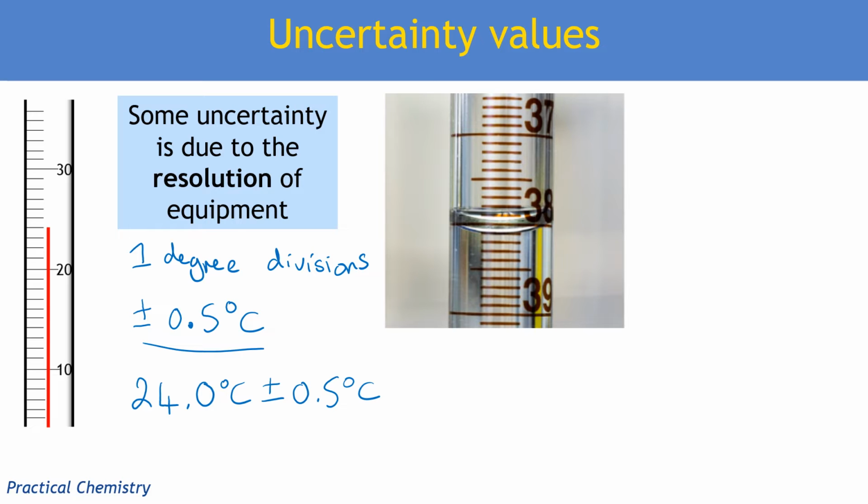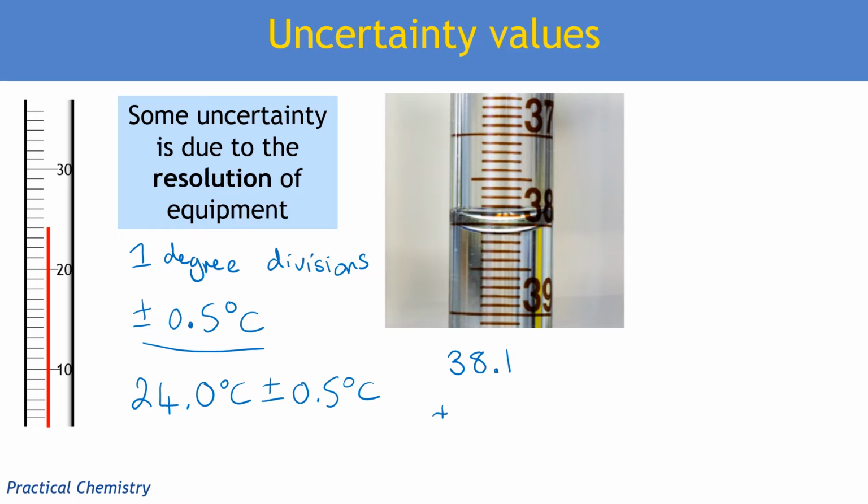So reading down this burette to get the volume, I can see that it is 38.1 centimetres cubed. Now the divisions are 1 centimetre cubed, which actually means, just like the thermometer, I can read halfway between those on a burette, which means that I know that it's somewhere between 38.05 and 38.15. I know it's not those two, it's in between them.